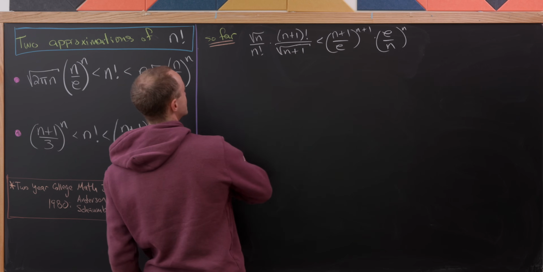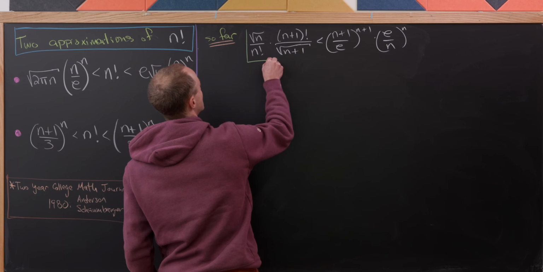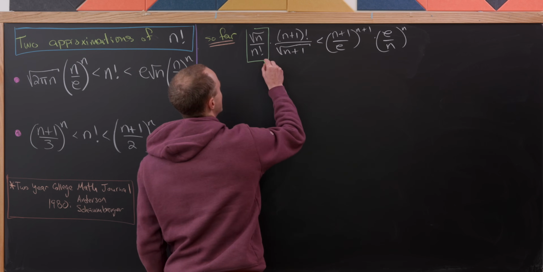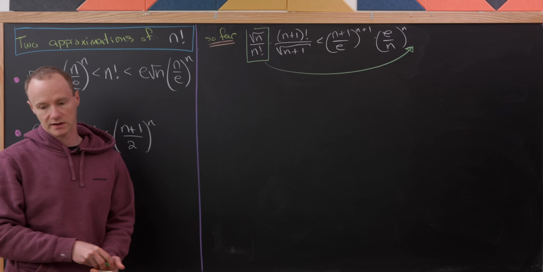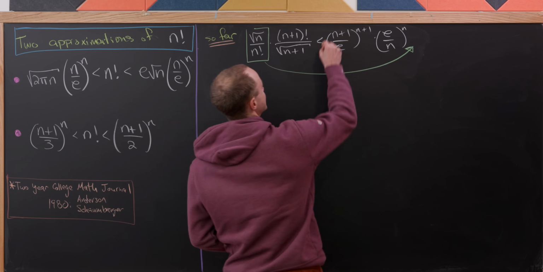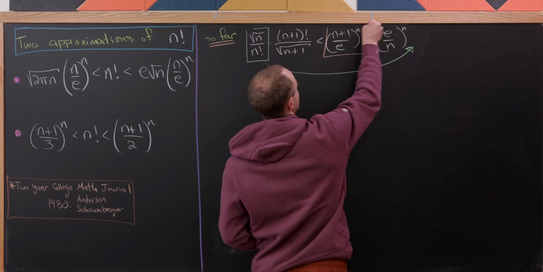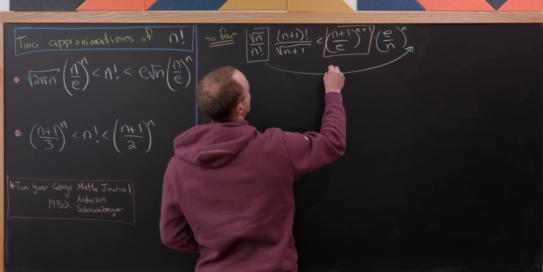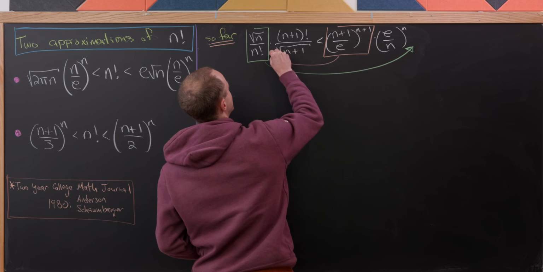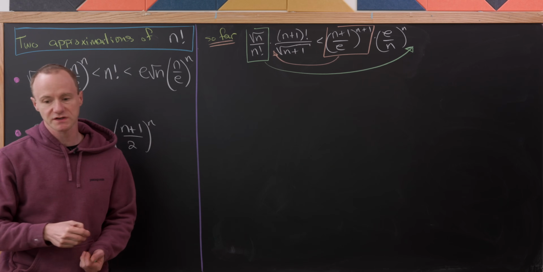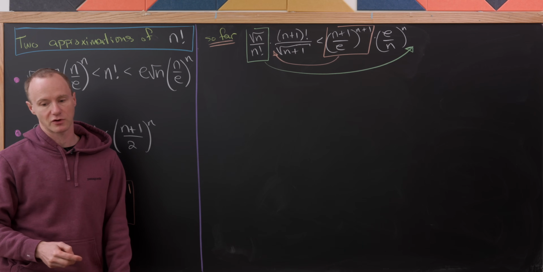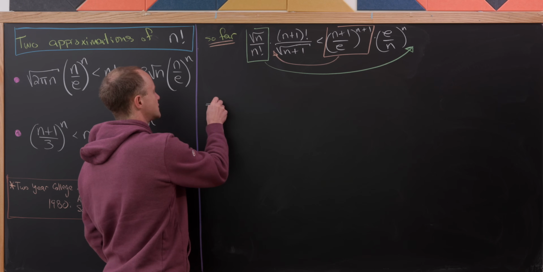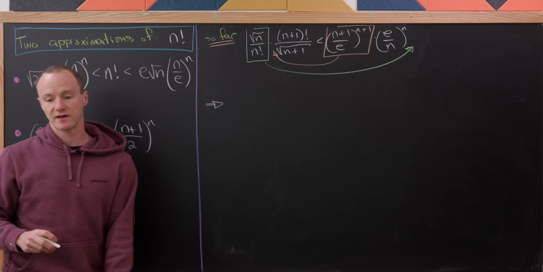So in fact, what I'll do is I'll take this term right here, which I'll say is based in n, and I'll move it to the right-hand side of the inequality. Whereas I'll take this one, which is based in n plus 1, and I'll move it over here to the left-hand side of the inequality. Of course, when I move these things across the inequality, I have to multiply by the reciprocal, but I think that's pretty clear. So what will that leave us with?